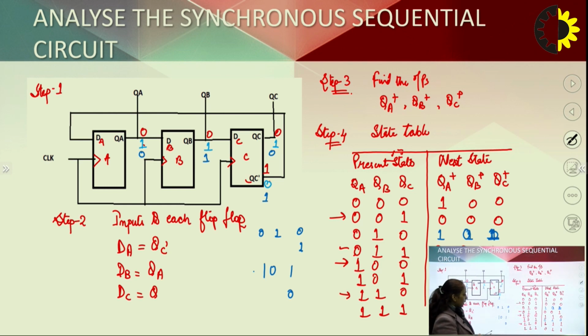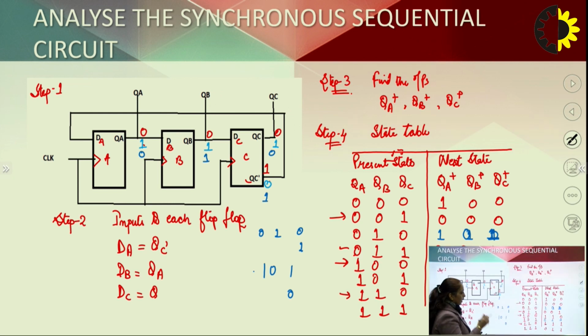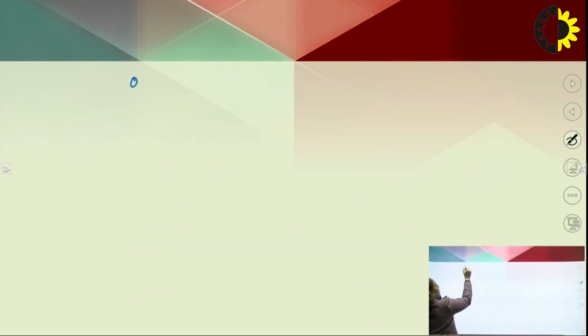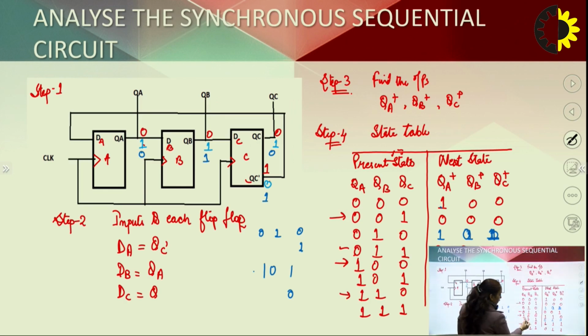So in this table we can see that, let us draw the state diagram for this. The states are named as, from 0 0 0 it will go to 1 0 0 state, right? From 1 0 0 it will go to 1 1 0 state.